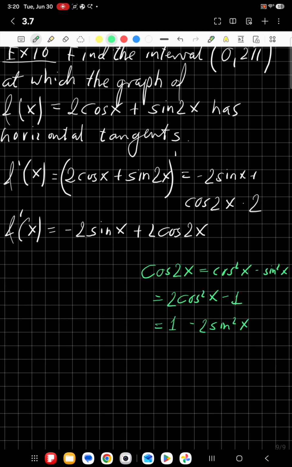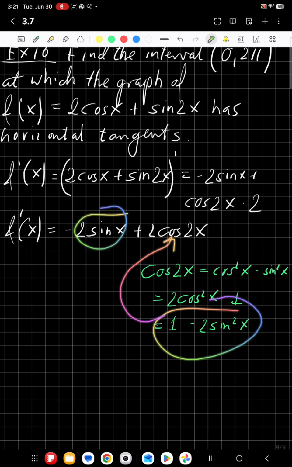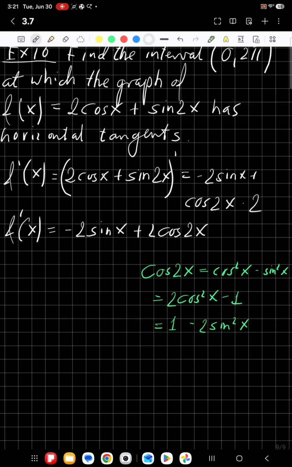Okay, so if we use that last option, this identity, to replace that cosine of 2x, we'll have just one function, and we'll have just sine. Because this will go there, and we already have sine, so it's just going to be one function.